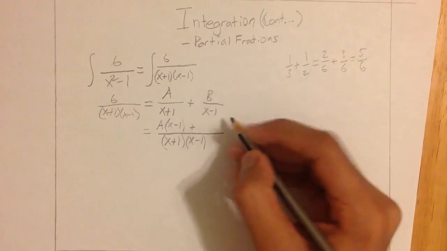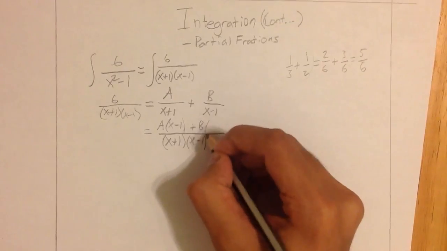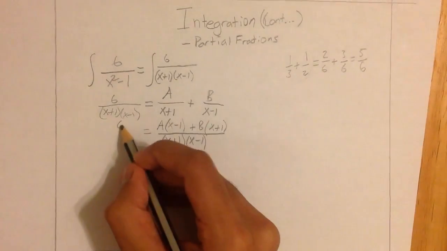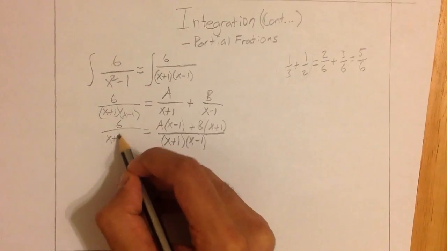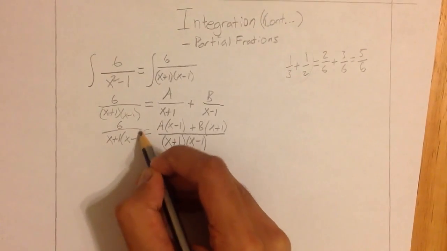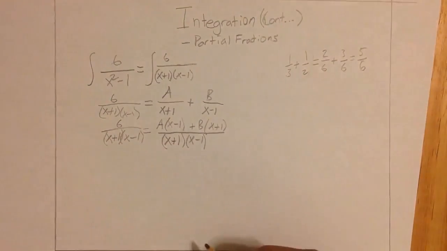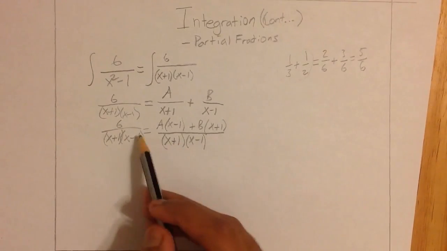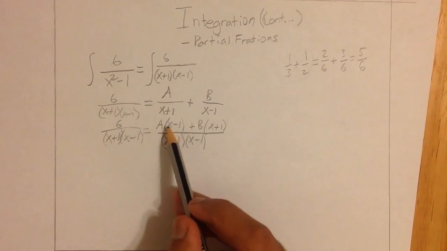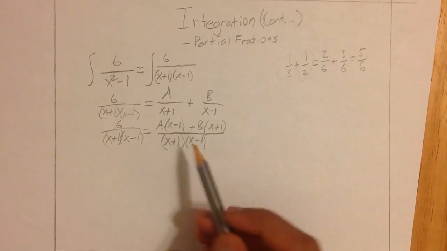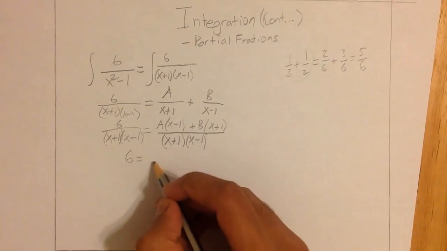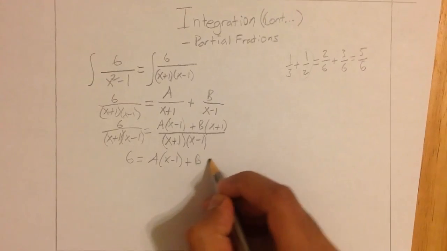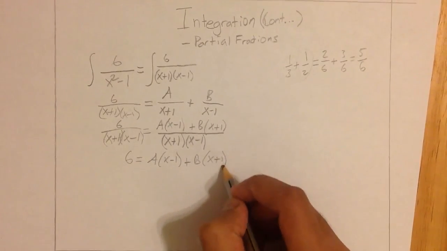And we'll multiply this fraction by x plus 1 over x plus 1 to get the same denominator. And because the denominator is the same, we can say that 6 has to equal the numerator over here. So 6 equals a times x minus 1 plus b times x plus 1.